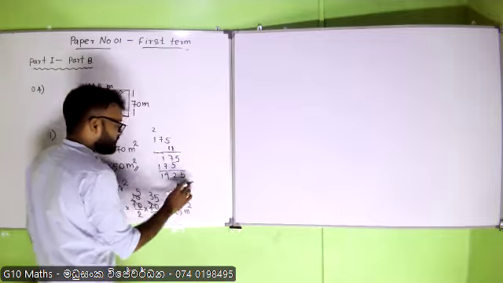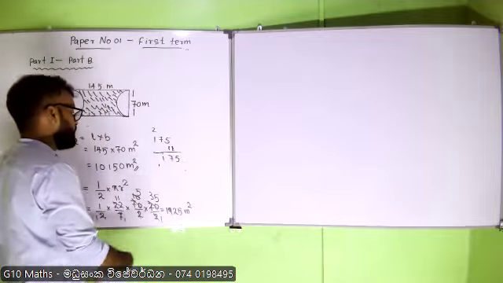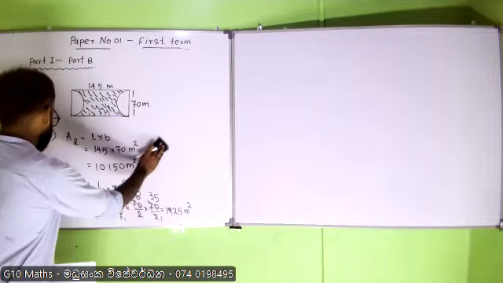This is the area of the semicircular part. That is the answer for the second one.